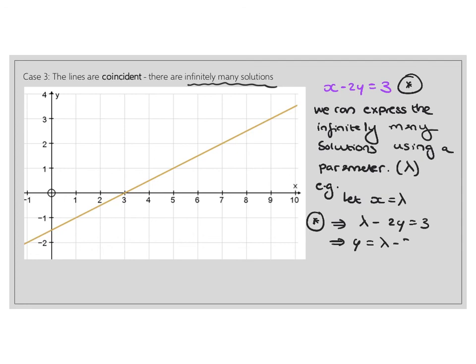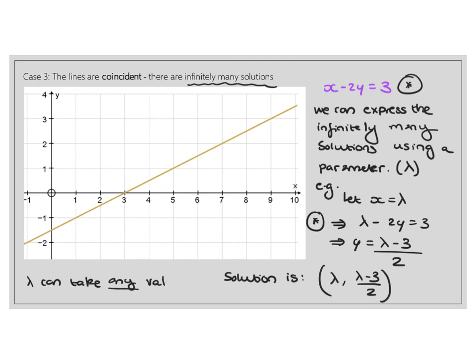It's (lambda minus 3) over 2, and so we would say that the solutions are of the format (lambda, (lambda minus 3)/2). And of course, lambda can take any value here, and that's why there's an infinity of solutions. So you might sometimes be asked to express your infinity of solutions in this third case using a parameter lambda or t or some other letter.